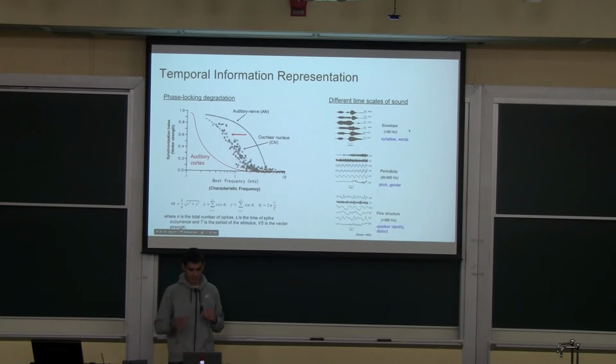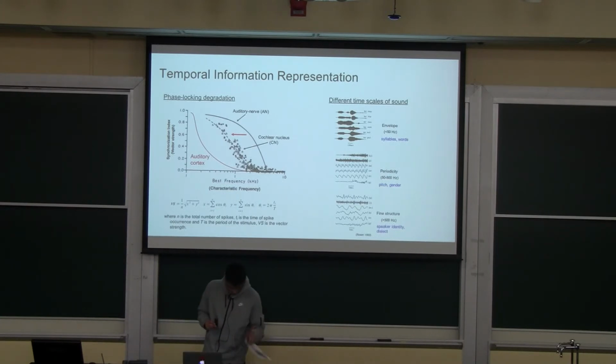Different timescales of sound can be categorized this way based on the frequency information. Speech contains information distributed across multiple frequencies that span timescales from a few to tens or hundreds of milliseconds, and you can extract information that way.